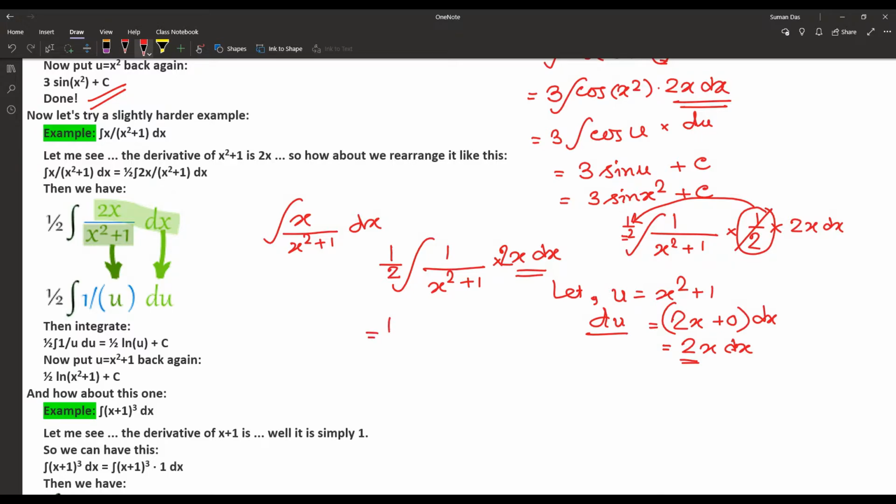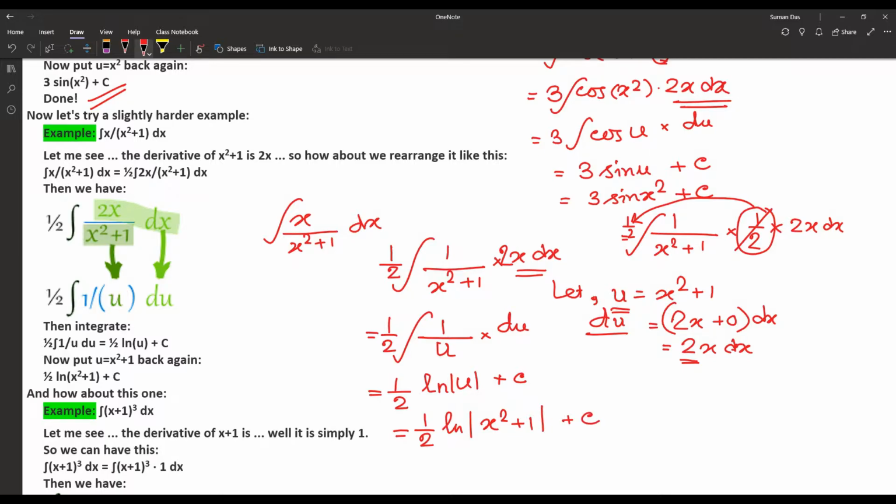So now that is half of 1 by x square plus 1, and as x square plus 1 has been taken as u, we write it as 1 by u du. Now the integration of that is equal to ln mod u plus the integration constant. Now u is equal to x square plus 1, so we may write it as half ln of x square plus 1 plus integration constant, and that is the result.